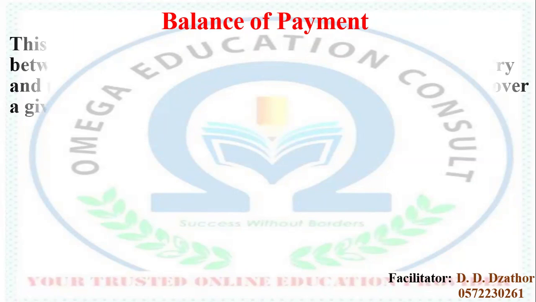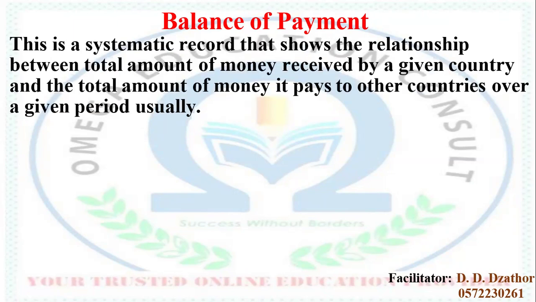So balance of payment simply refers to the systematic record that shows the relationship between the total amount of money that a given country receives from other countries as against the total amount of money that country pays to other countries. That is what we call balance of payments.